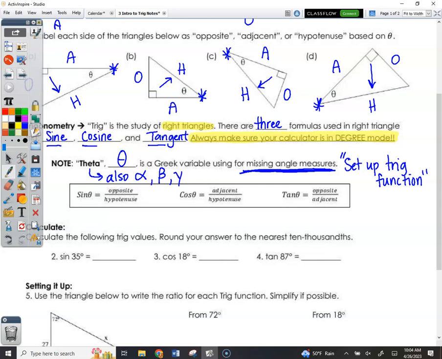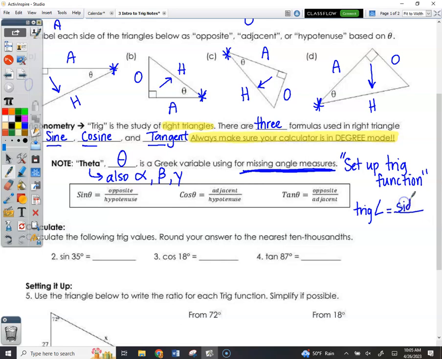Here's why you're writing this down. When I say set up your trig function, this means you're going to write one of the trig ratios, whichever one, sine, cosine, or tangent. You're going to have an angle equals, then you're going to have a fraction bar.